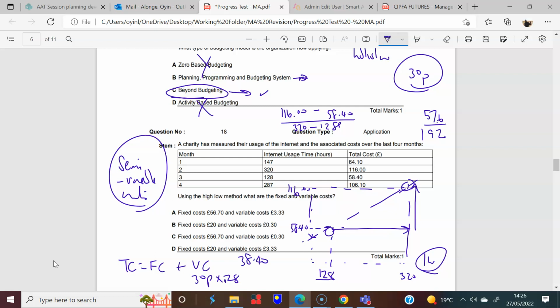So what I should be asking is, what is the total cost at this time? And it's £58.40. So if the total cost is £58.40 and the variable cost is £38.40, the fixed cost must be £20. And so your answer is B. Yes, your answer is B.